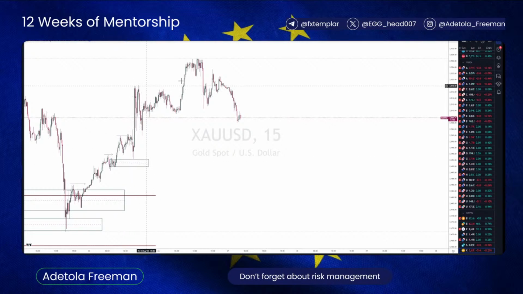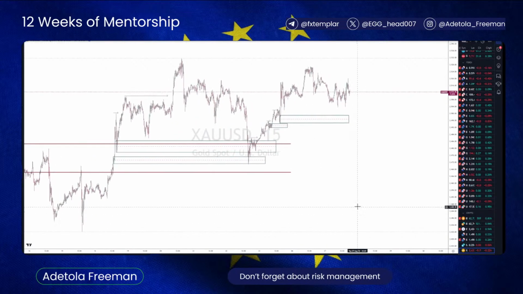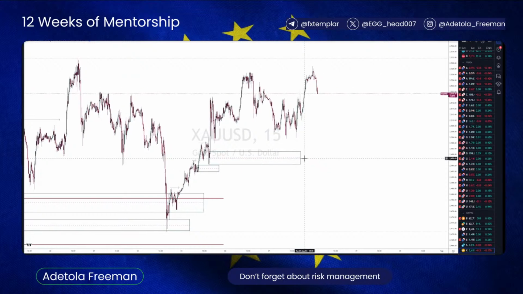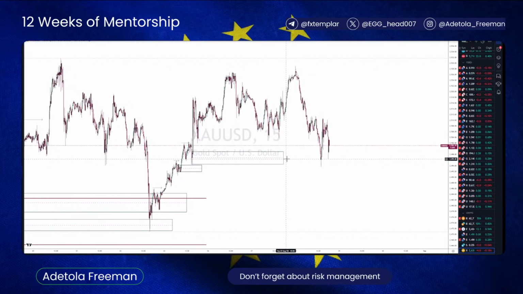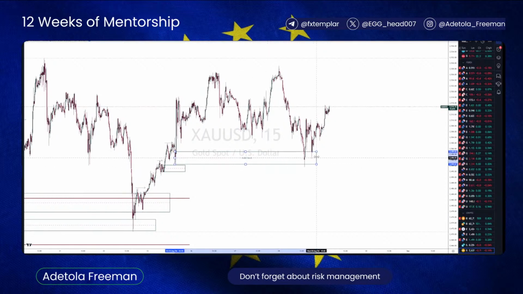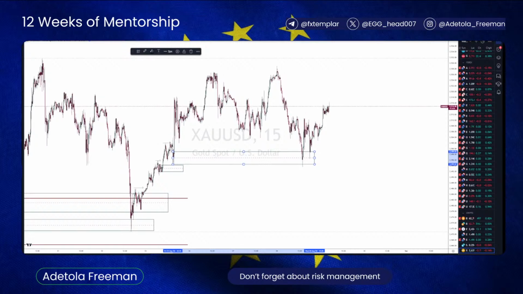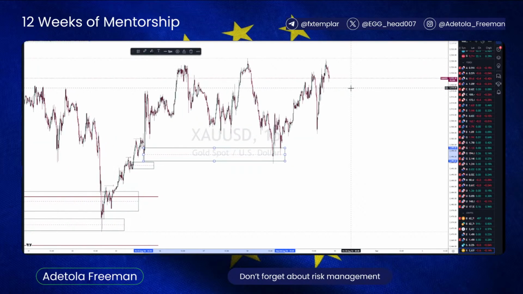If we play forward, yes, this could be taken as a double break of structure with our entry here, and then price just keeps going, based on the double break of structure entry confirmation technique.